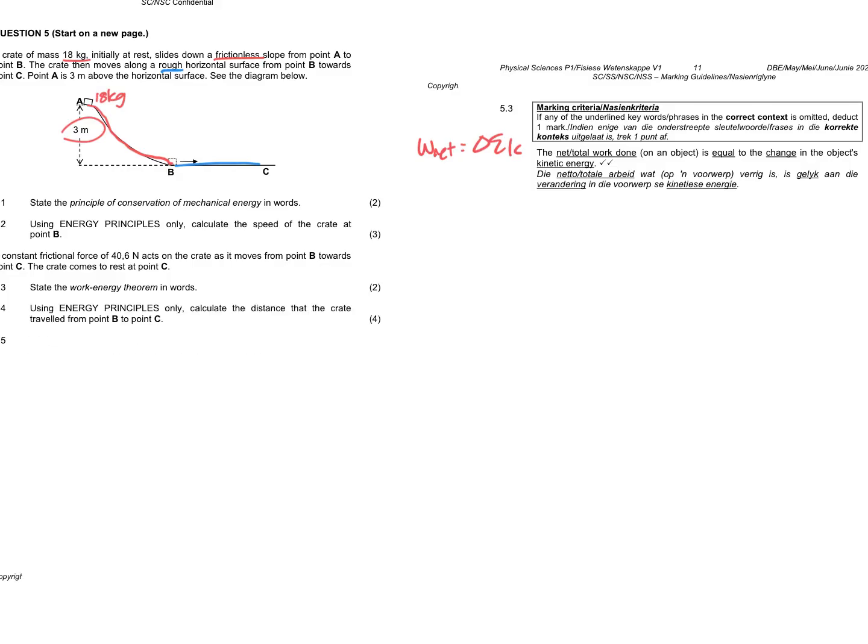Then it says, using energy principles only, calculate the distance that the crate moved from B to C. Energy principles also includes work. So they want to know how far the crate traveled from B to C. We know that there is friction, but we don't know what the friction is.